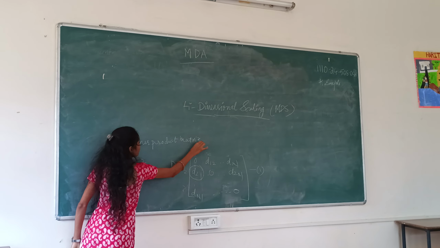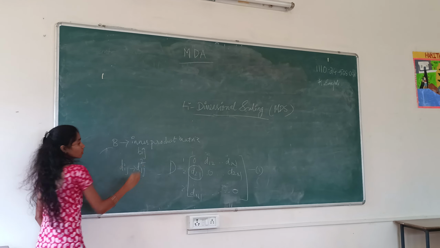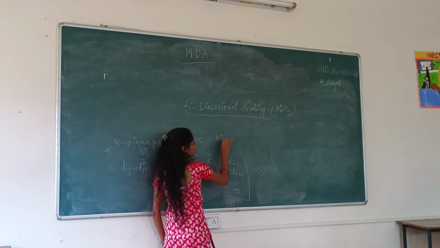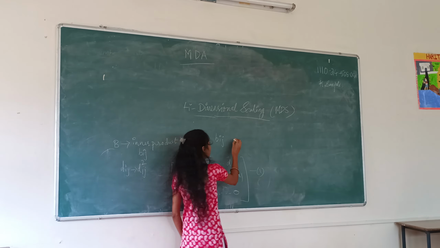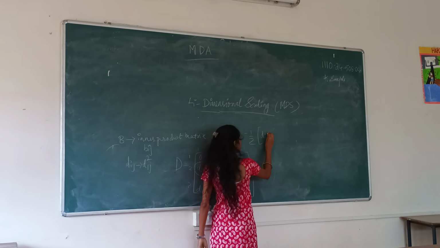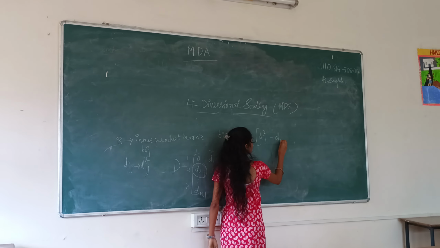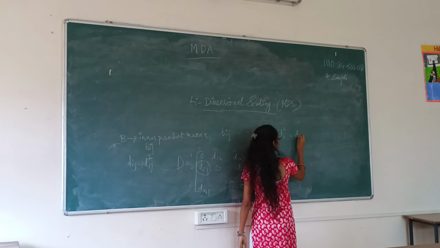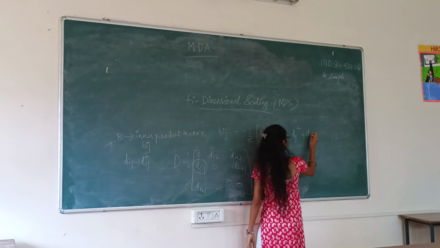This contains the Dij values. Using the double centering formula, this is equal to minus 1 by 2 into Dij square minus Di dot square minus D dot j square plus D dot dot square.